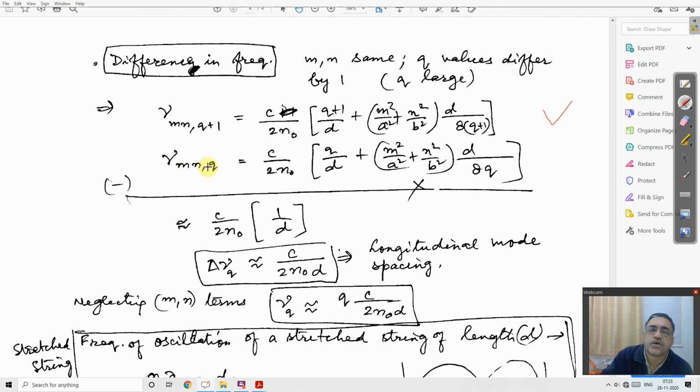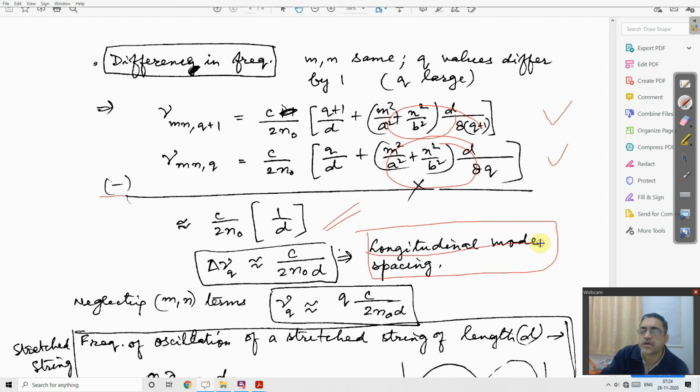Then for nu_mn q we obtain it by substituting, and subtracting, we obtain c by 2 n naught. This we have neglected. 1 by d, that means delta nu_q is nearly equal to c by 2 n naught d. It is the longitudinal mode spacing in a rectangular cavity.